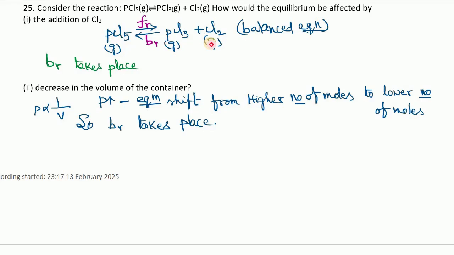So what happens here when the concentration of chlorine increases by addition of chlorine? As the concentration of chlorine increases, the equilibrium will move according to the Le Chatelier principle. According to Le Chatelier principle, the equilibrium will move from higher concentration to lower concentration. That means products to reactants.